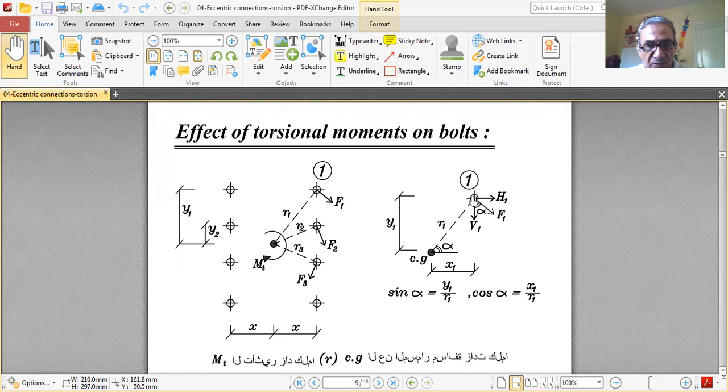We have F1 resultant, H1 and V1, at the distance R1 and angle alpha. This one is X, or X1, actually because they all have X, or minus X, and Y1. So sine alpha equals Y1 over R1, cosine alpha equals X over R1, or X1 over R1 in general, as a general equation.